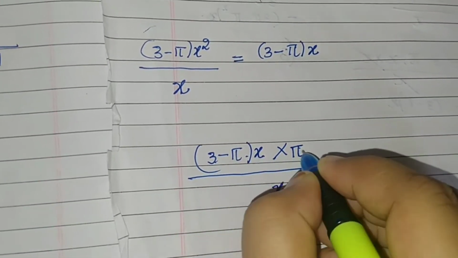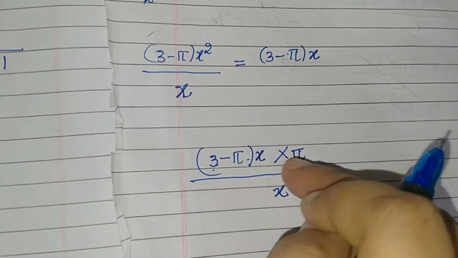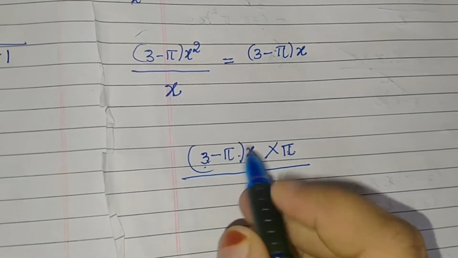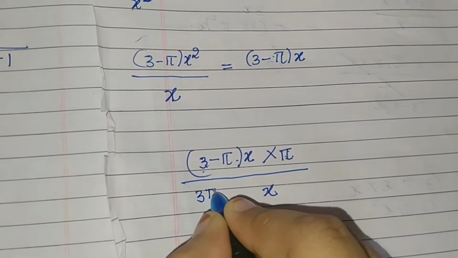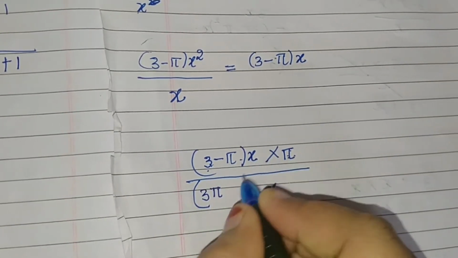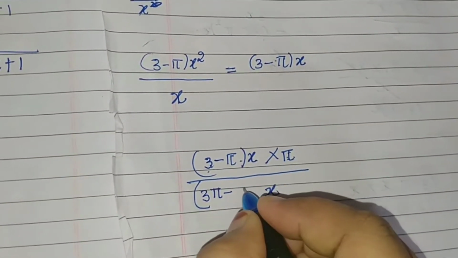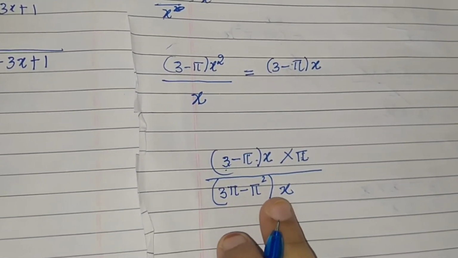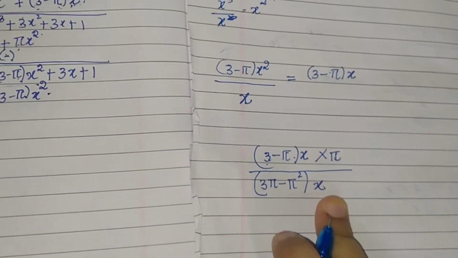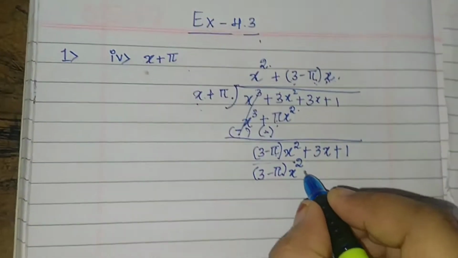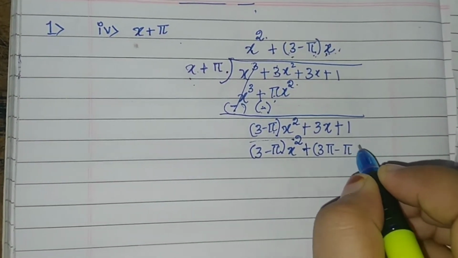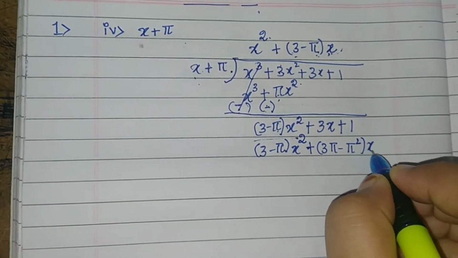So here constant numbers are there, so these numbers I'll multiply. When you multiply pi into 3, you are going to get 3 pi, minus as it is, pi into pi is nothing but pi square. Okay, so 3 pi minus pi square into x. So this one you have to write below the dividend, 3 pi minus pi square into x.